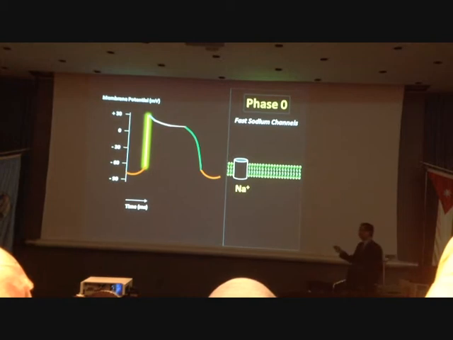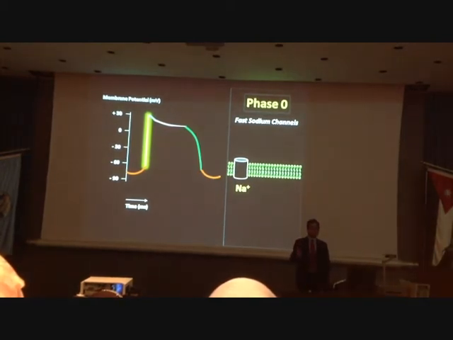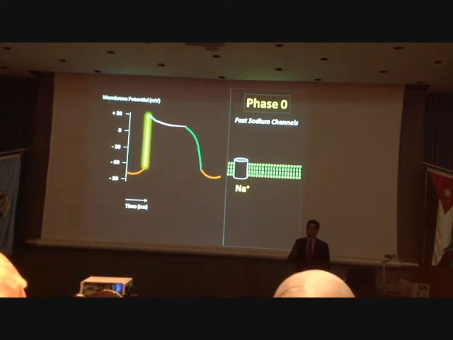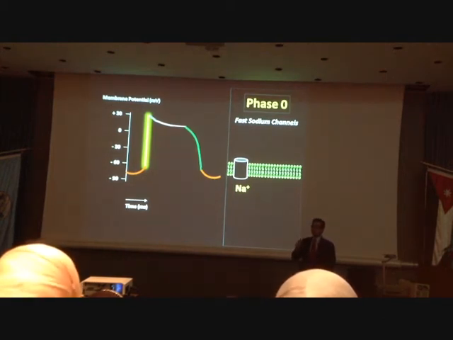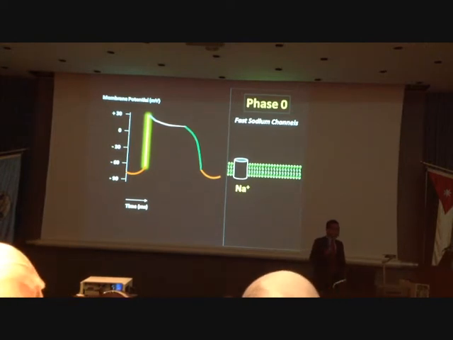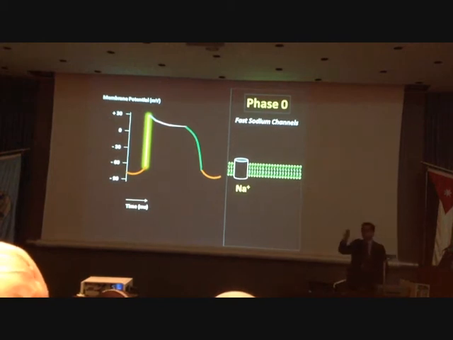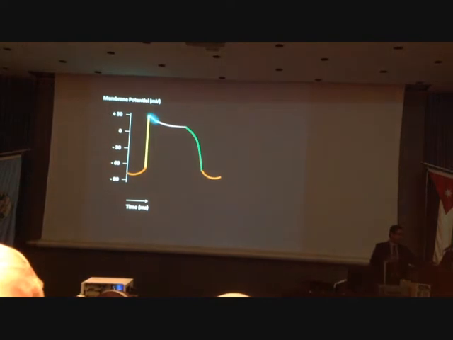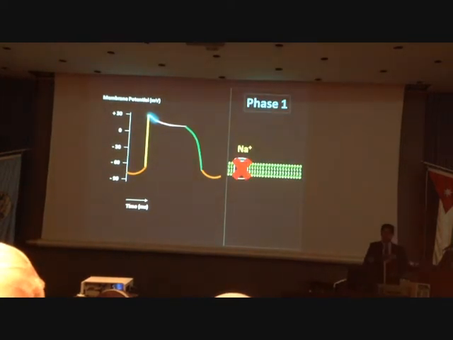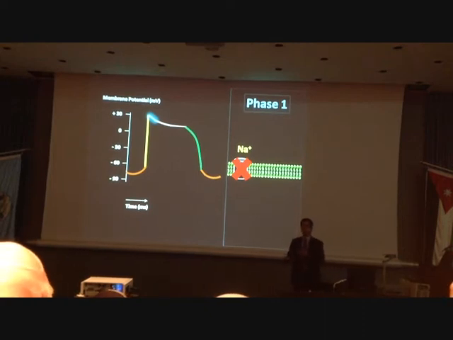But these fast sodium channels have one particular characteristic, and that is they are very, very rapidly inactivated. And this is why you see a sudden upstroke, and it stops somewhere and starts going down, because these channels start being inactivated, which allows the other channels to function more and take over.